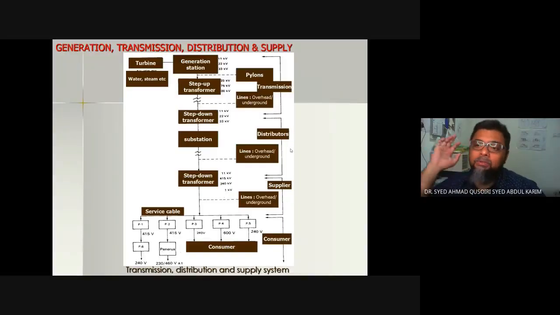Kalau you all faham tu, whatever schematic diagram yang you dapat, you boleh understand lah. You boleh pecah-pecahkan dia. Macam ni pun dia kurang tepat. Dia generation station ni dia masukkan juga dalam transmission, which is in this definition not really. This is power generation.